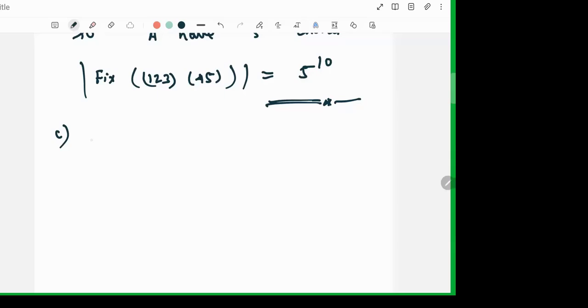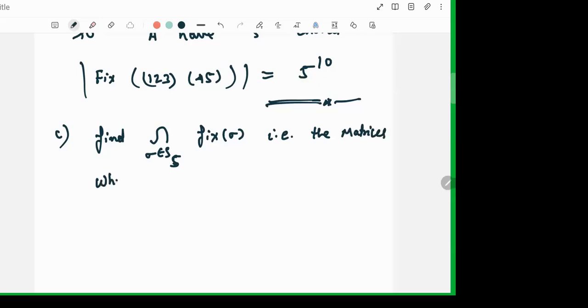Find the intersection over sigma belonging to S5 of the fixed point of sigma, which means the matrices which are fixed under the action of all the permutations of S5.